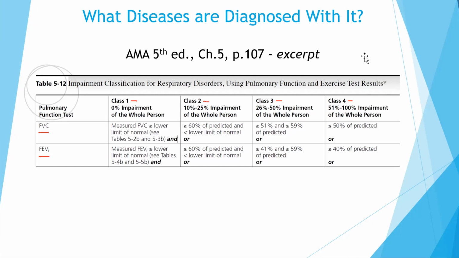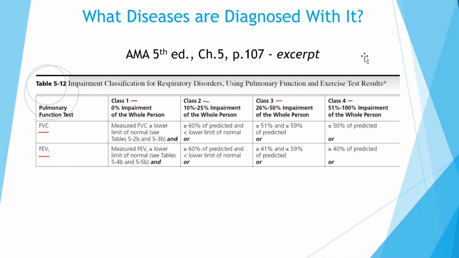Now, there is a range of whole person impairment for each class, 10 to 25%, 26 to 50, and 51 to 100. When we're placing someone in the class, you might ask, how do we pick a number between, let's say class 4, 51 to 100%? There is a controlling table at the beginning of the AMA guides called the Activities of Daily Living. It's on page 4. And basically what the evaluator does is they've interviewed the individual.